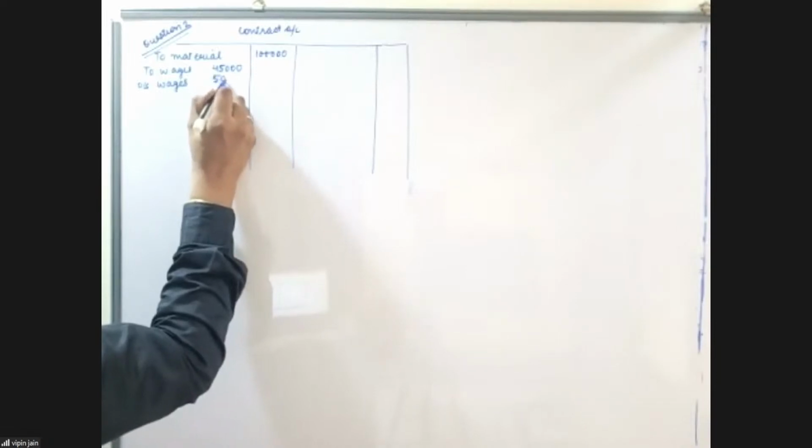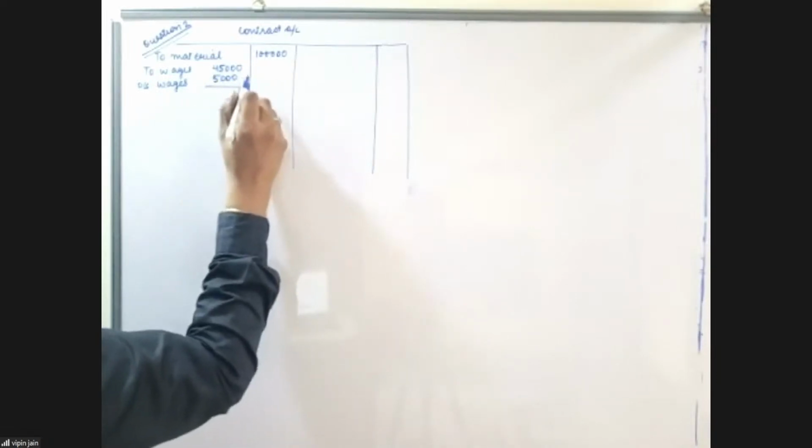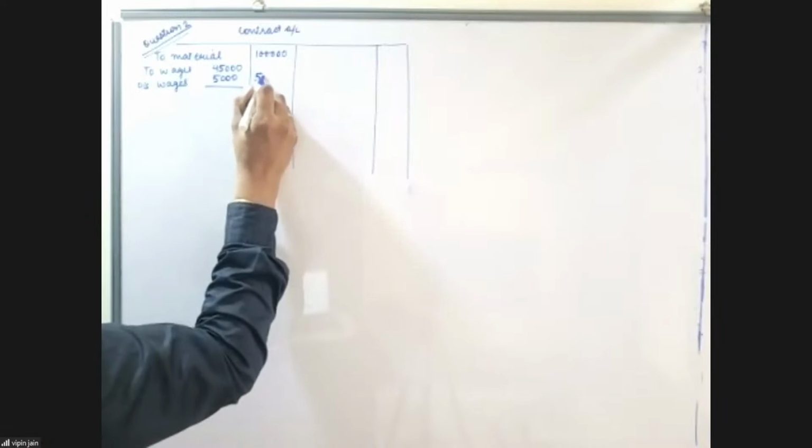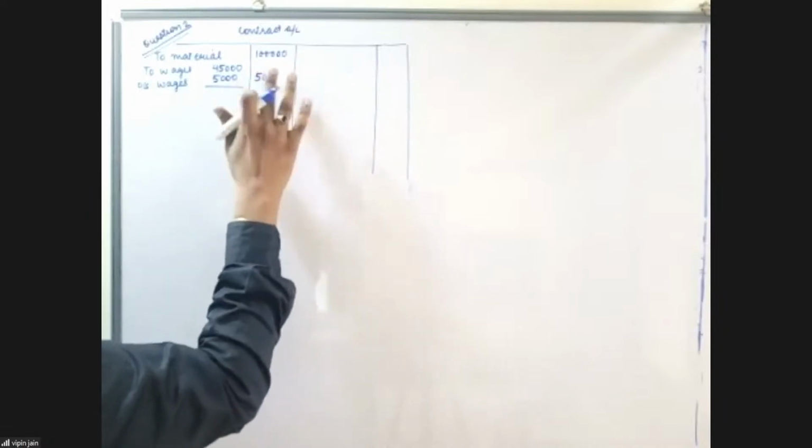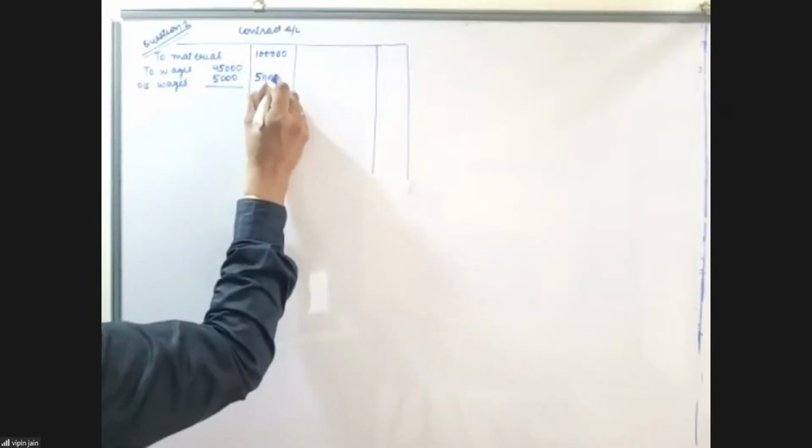Outstanding wages is 5,000, so this will be 50,000. General expenses are 10,000.